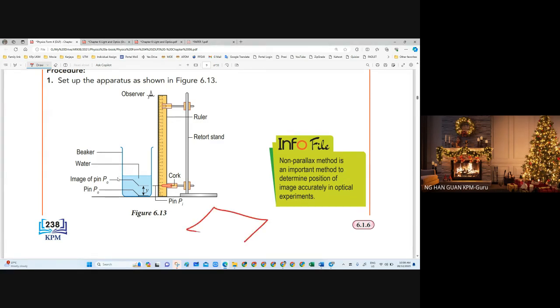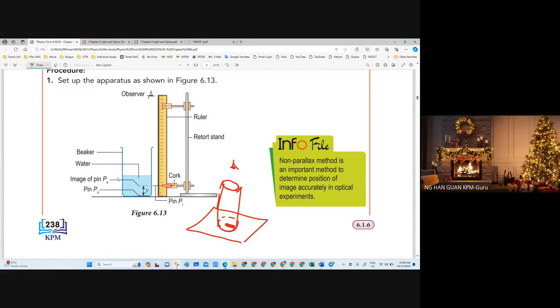On the paper, you draw a thick line, and then you put the container here, and fill it with water. From the water, when you view from the top, you can see the bottom line as the object.